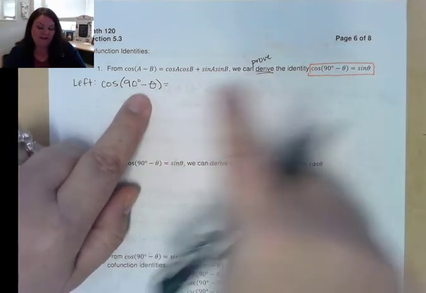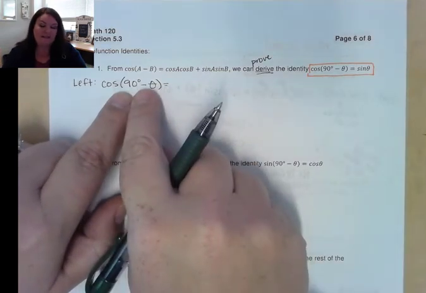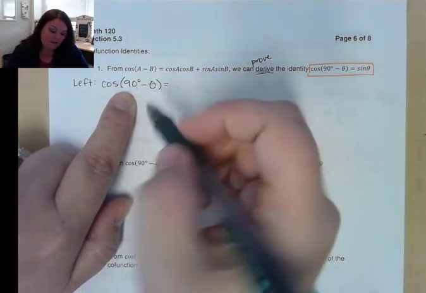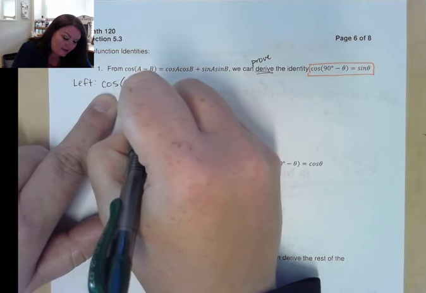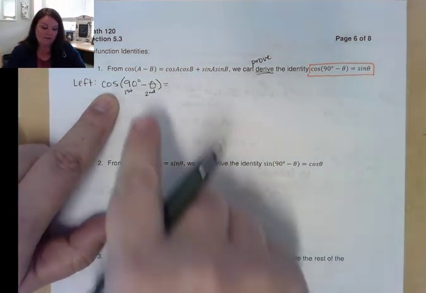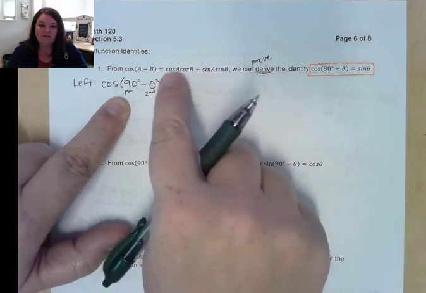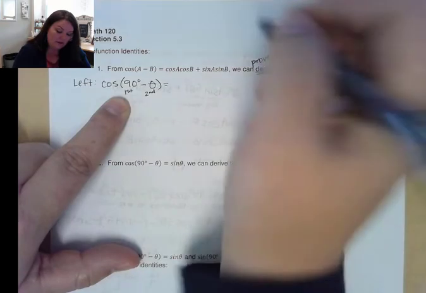Well, if I take just this left-hand side, 90 degrees minus theta, this is a difference cosine identity, right? So that means 90 is my first angle and theta is my second angle. So I can plug 90 and theta into my cosine identity up here, which says to do cosine of the first angle times cosine of the second.